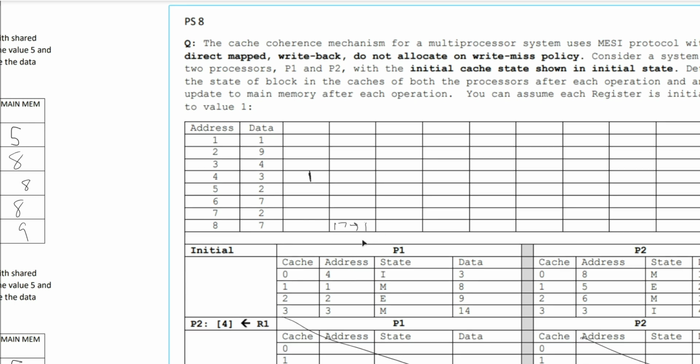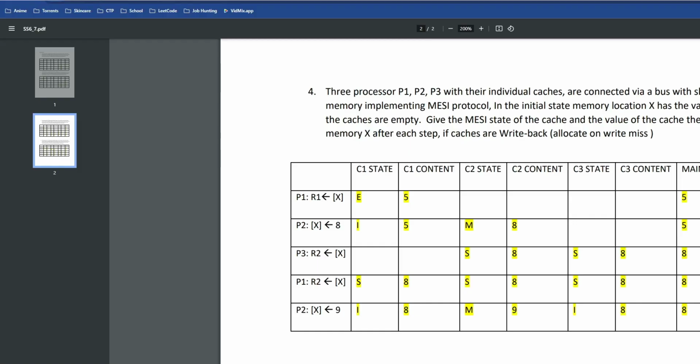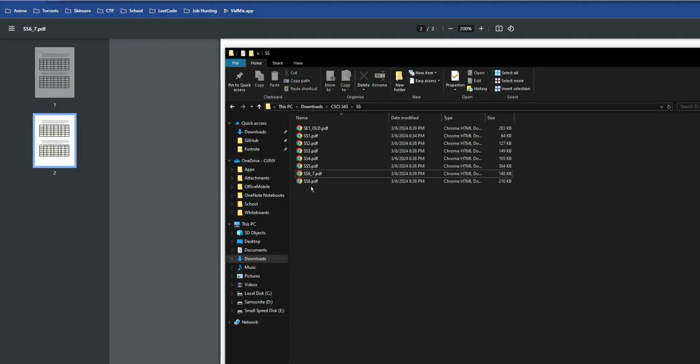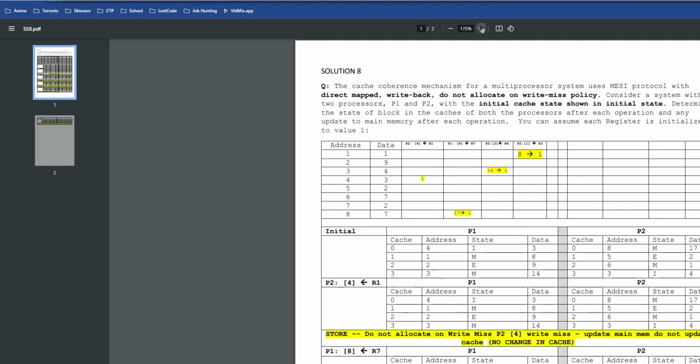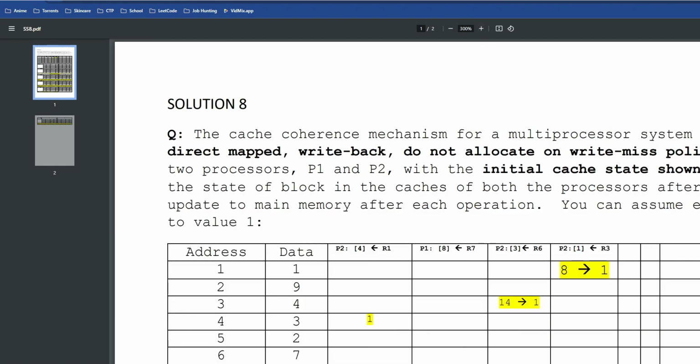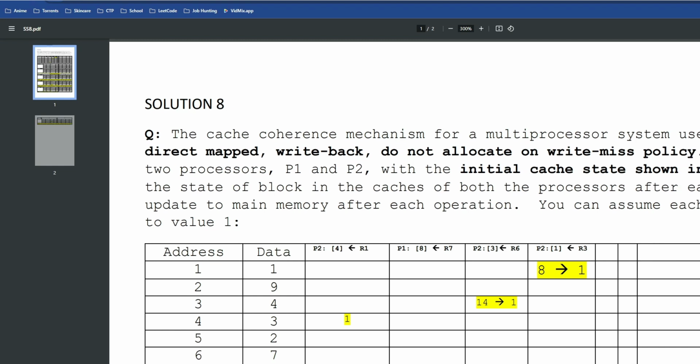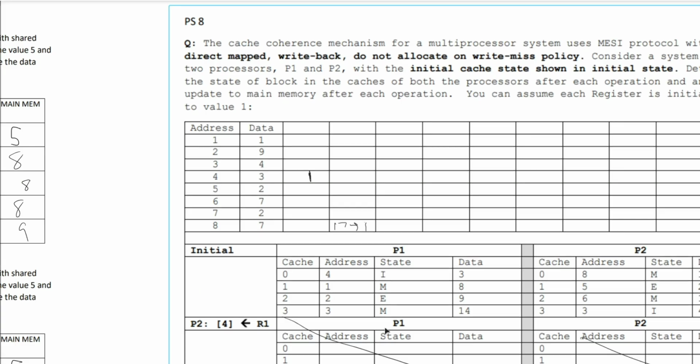You have it written, right? You have the solutions. Yeah, but it's supposed to be posted. Is there no solution sheet on there? Yeah, he gave me the exact same thing. Okay, so it becomes 17 because processor 2 had to flush the modified data, and then it immediately becomes a 1 after that. Okay, so that's right.